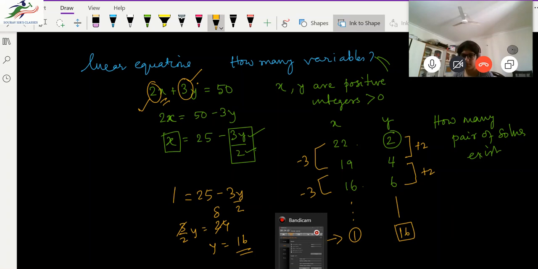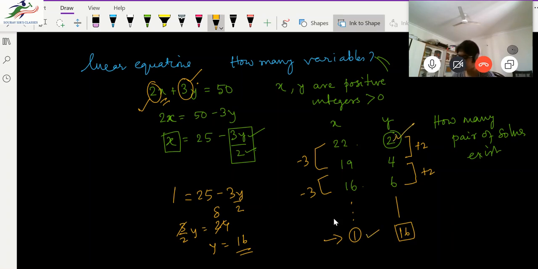Clear? So y cannot go, see, I started off with the minimum value of y and I ended with the minimum value of x, because we are told that both are greater than 0. So this is my boundary condition logically, right?